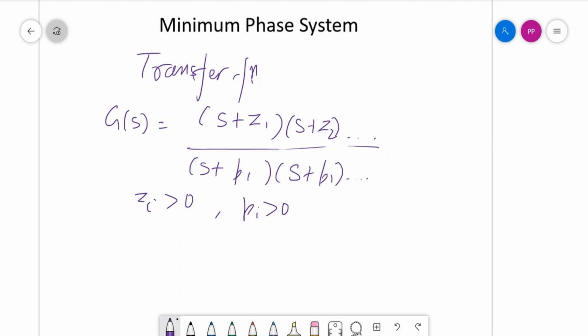For your convenience, let me write down the definition of the minimum phase system.